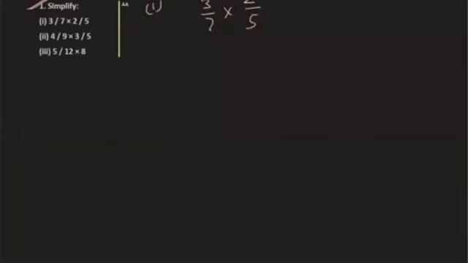No. So we cannot reduce any number in cross. So just multiply. 3 2s are 6 and 7 5s are 35. So 6 upon 35. This is your answer. Okay.